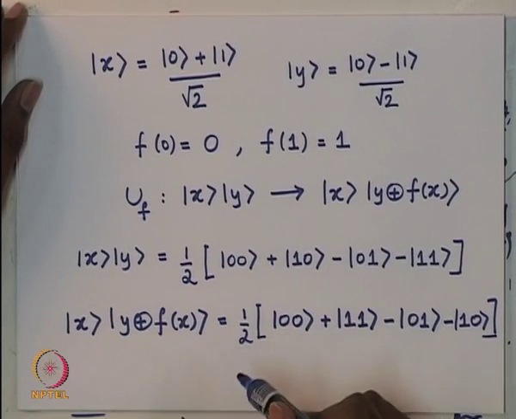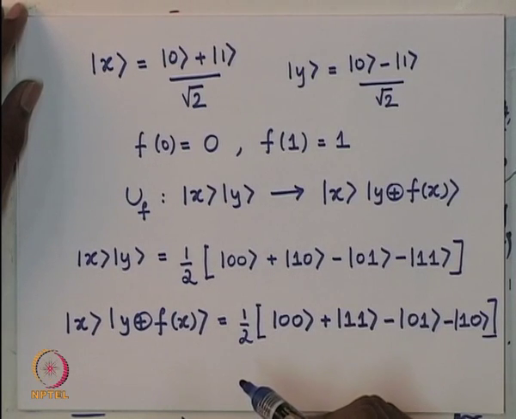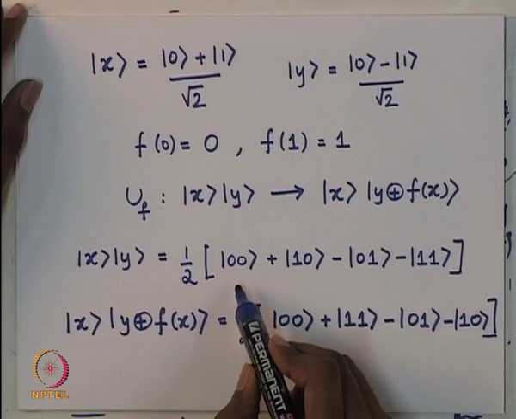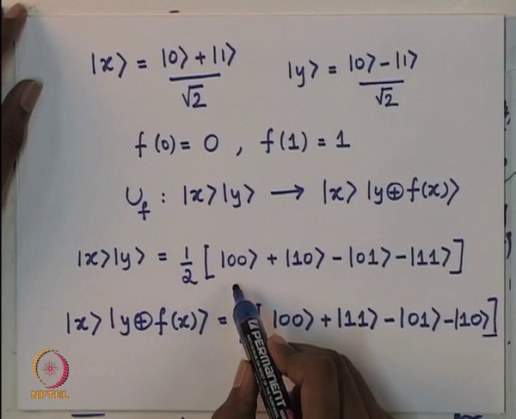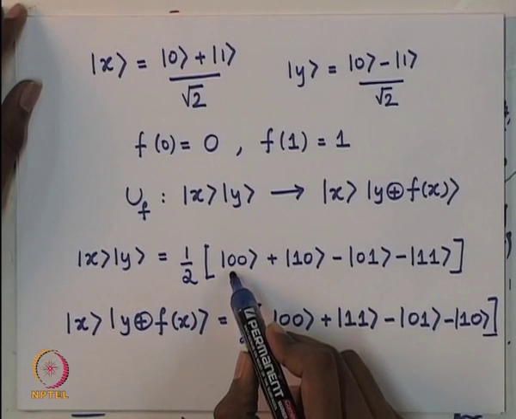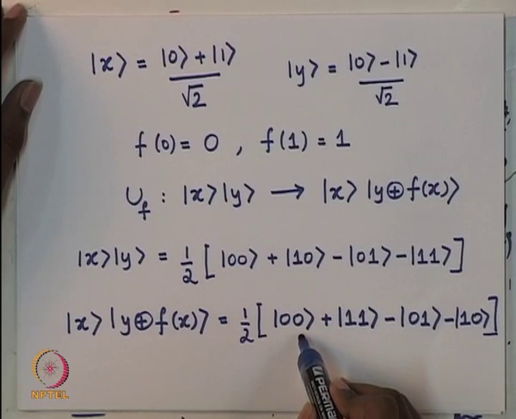And option C says U_F is a CNOT gate with the first register as control and the second as target. Consider the first register as control and the second as target. As the first qubit is 0, the second qubit state doesn't change, it remains the same.